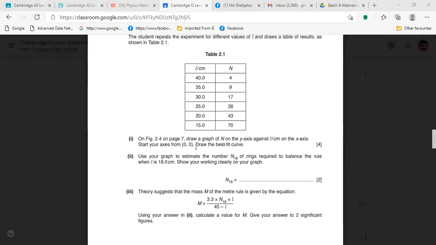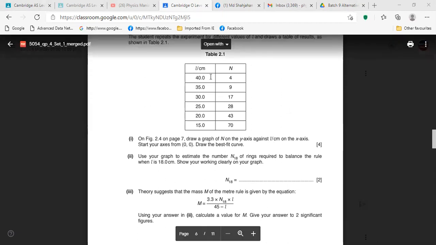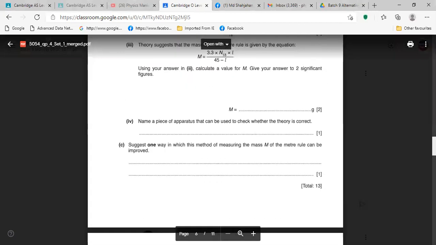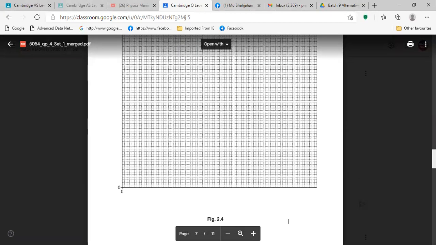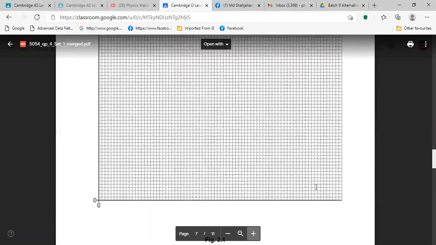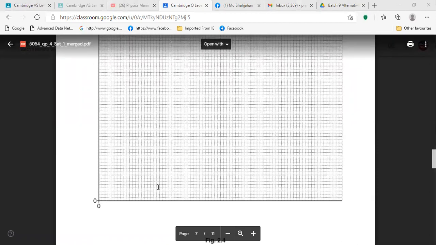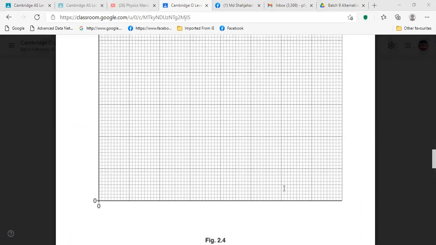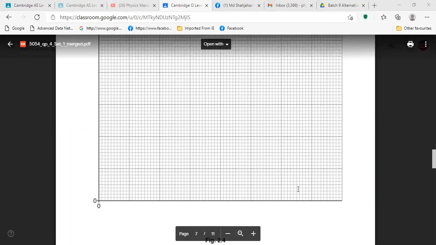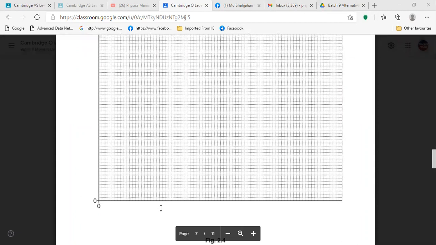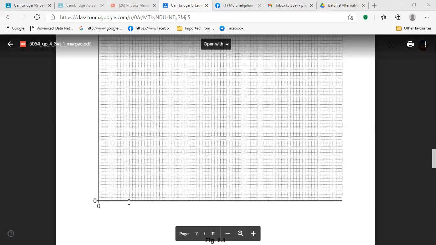So you start from 0, 0. You have L till 40, so how many big squares are there? You check. Normally there are eight. One, two, three, four, five, six, seven, eight. So from 0 to 40, you can take 5 each, right? 5, 10, this way you go to 40.